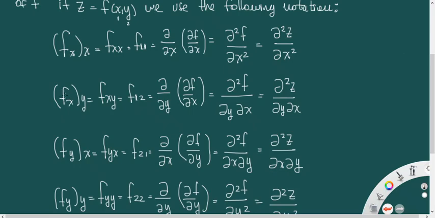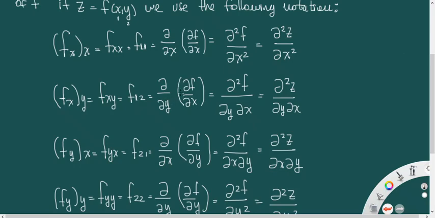See, this is the partial derivative with respect to x, and then with respect to y. So this is going to be f sub x y, f sub 1, 2. In this case, we can express it like this: del with respect to y times del with respect to x.